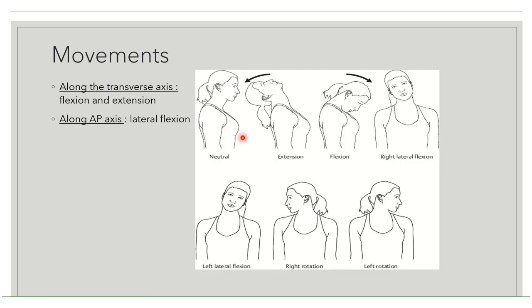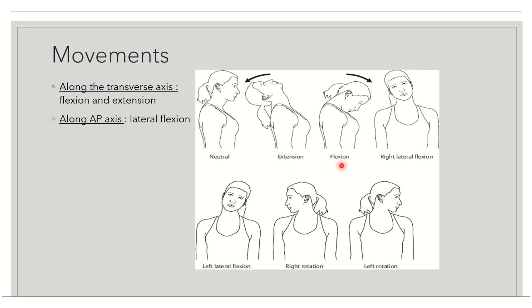Movements at the atlanto-occipital joint. There are a total of three movements at the atlanto-occipital joint. Along the transverse axis they include flexion and extension, and along the AP axis there is lateral flexion.